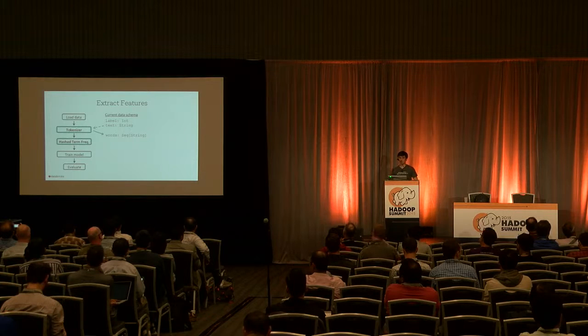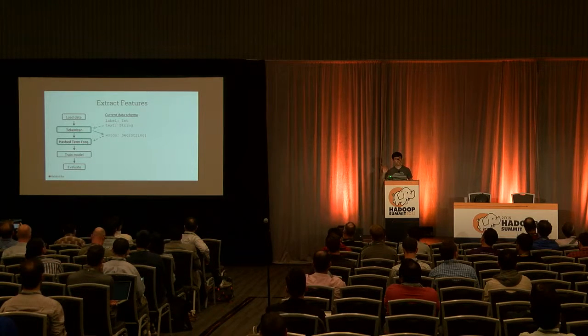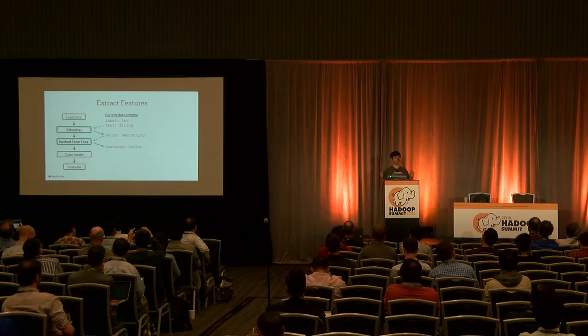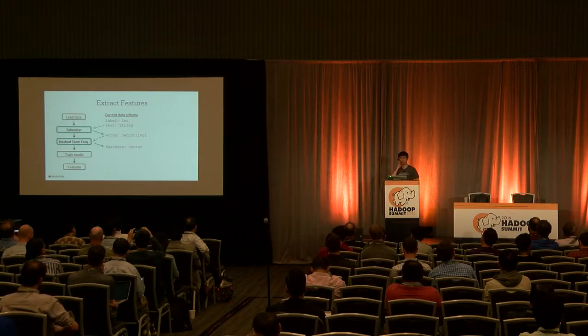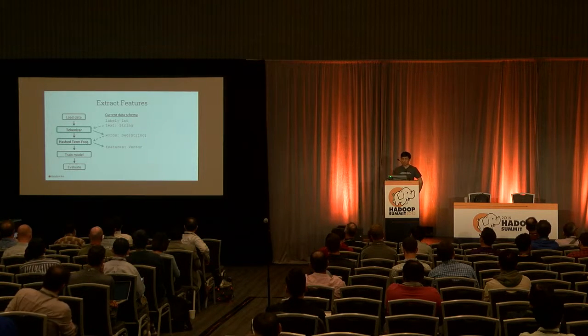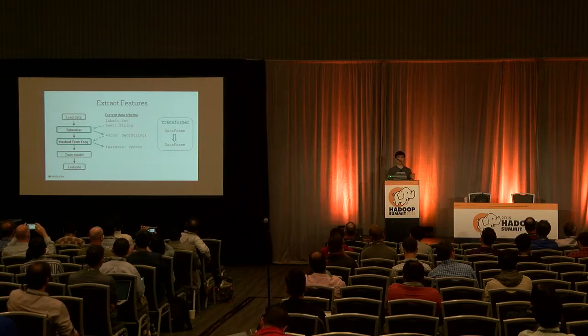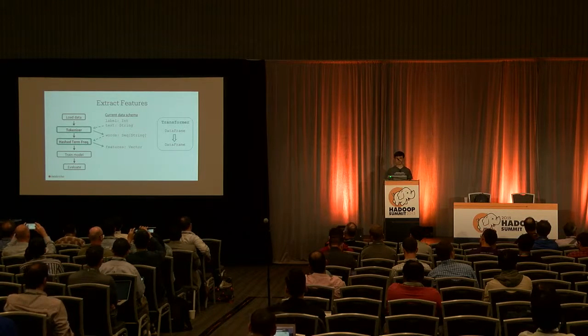Then we'll go through what's called a hash term frequency module, which will take that words column and output a new column of features, which will be basically a numerical vector, in a format which is very friendly for ML algorithms. So I'm highlighting these in blue because these are basically transformers, and this is an abstraction in the pipelines, which takes one data frame and produces another data frame.